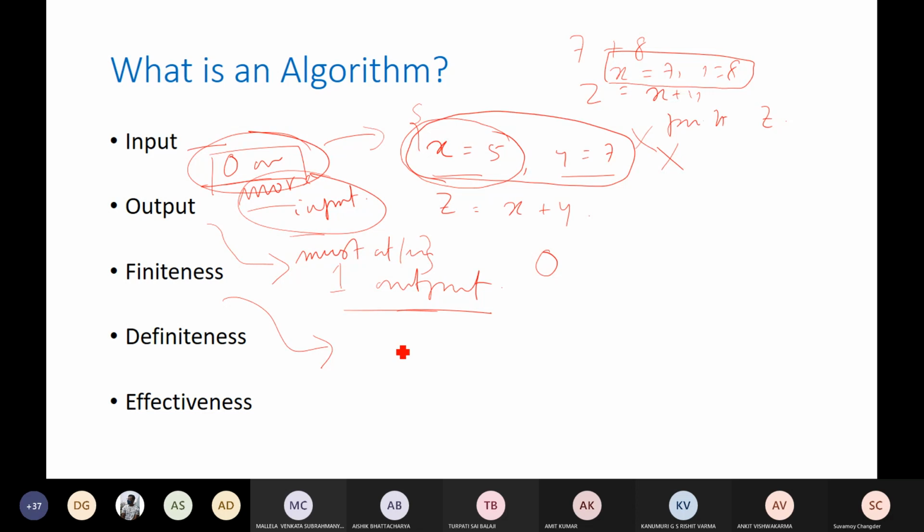Finiteness means an algorithm must terminate. This is a very important property of an algorithm. An algorithm must terminate after a finite number of iterations or a finite amount of time. Now you can say, sir, there are so many algorithms which are not terminating, just like the operating system. Think about that.